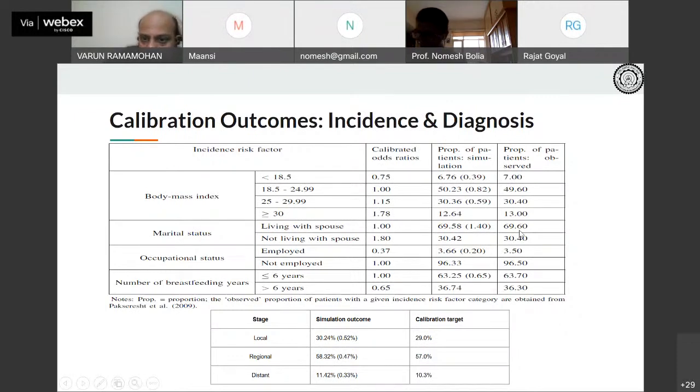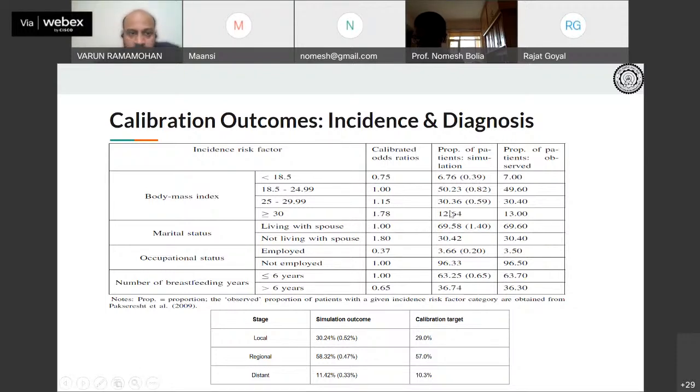So this is the calibration for the incidence, right? We had to derive odds ratios for various risk factors that were calibrated to the proportion of people who developed cancer with these risk factors from the published literature, right? That's what we see here.